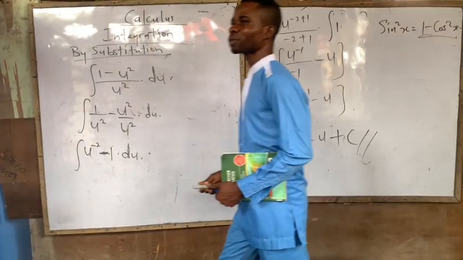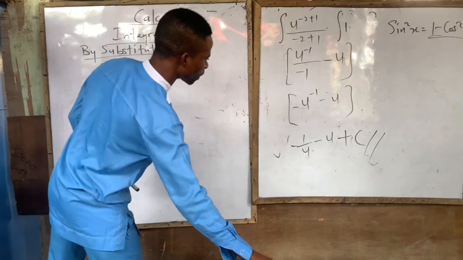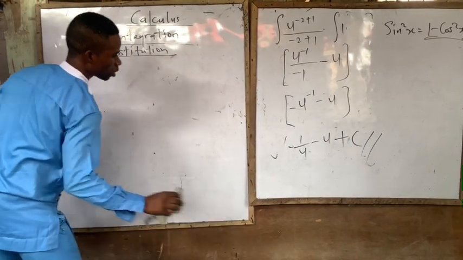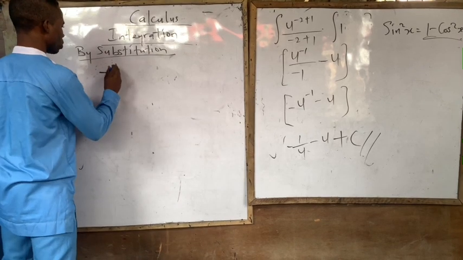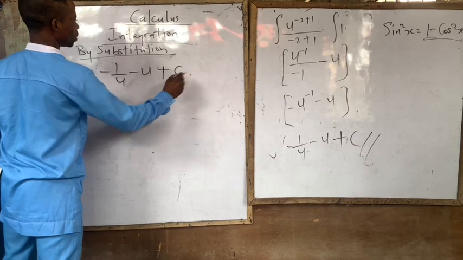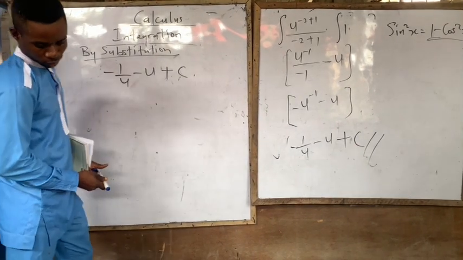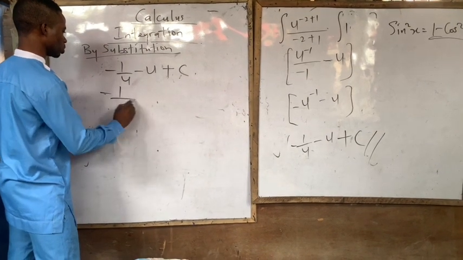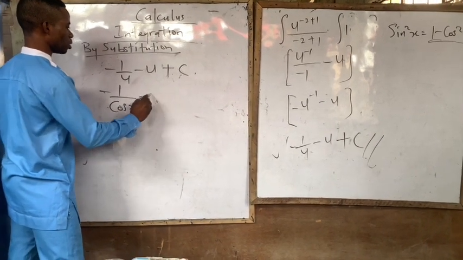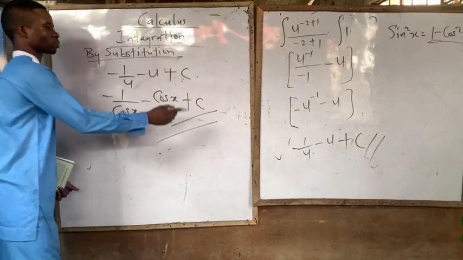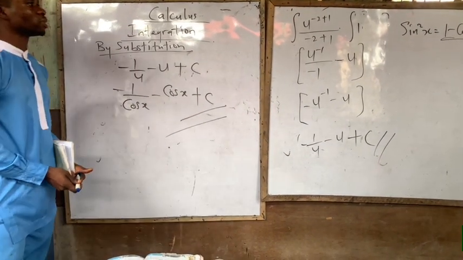So we can now substitute back in our answer for u. Our answer is minus 1 all over u minus u plus c. Now, what is the u initially? u is cos x. That's minus 1 all over cos x minus cos x plus c.